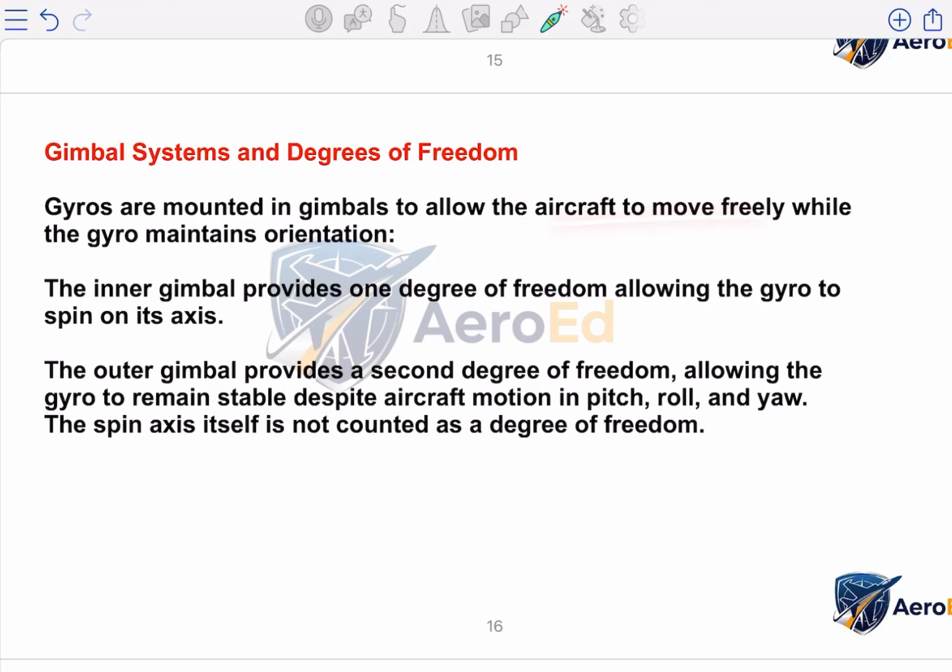There are two gimbals. The inner gimbal provides 1 degree of freedom, allowing the gyro to spin on its axis. And the outer gimbal, which is the second gimbal, gives the 2nd degree of freedom, allowing the gyro to remain stable while the aircraft can pitch, roll, or yaw.